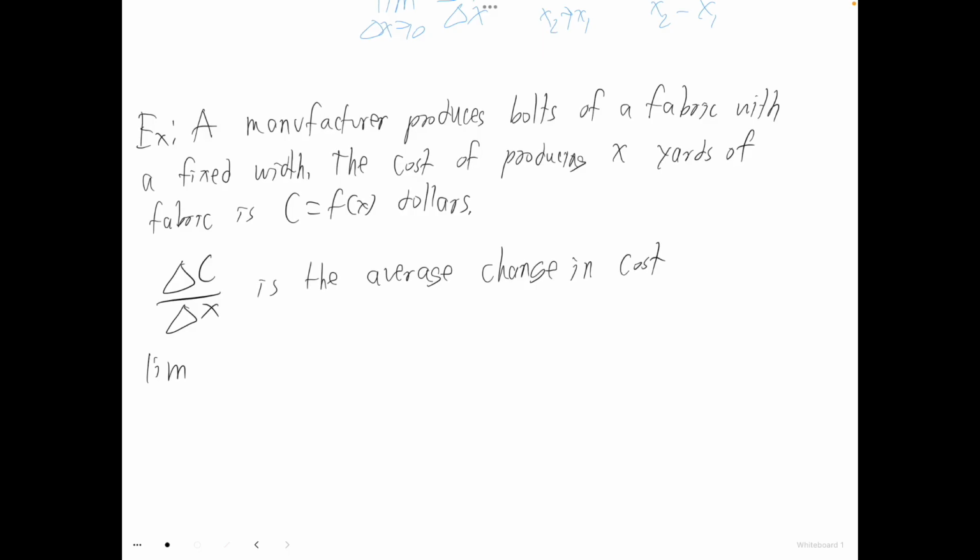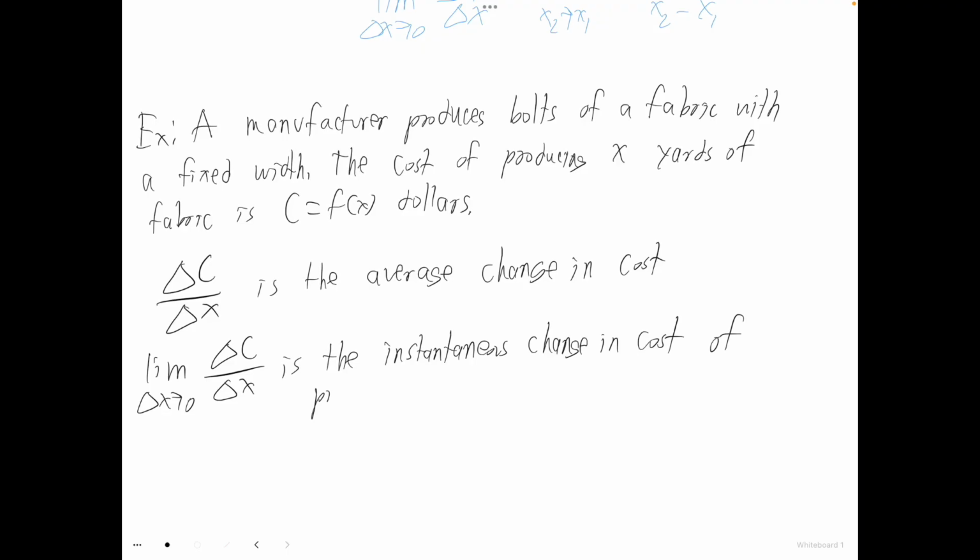And then the limit that we had before, the limit as delta x goes to 0 of delta c over delta x, is the instantaneous change in cost of producing the bolt of fabric.